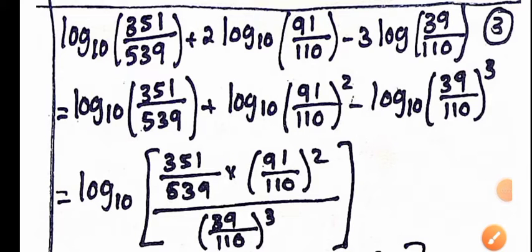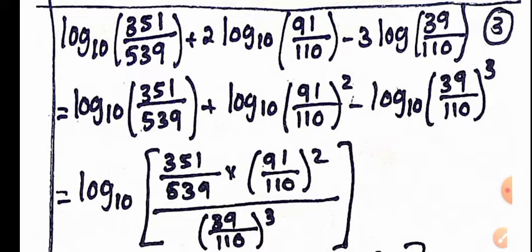Now solve the examples of logarithm. Log 351 upon 539 plus 2 log 91 by 110 minus 3 log 39 by 110.